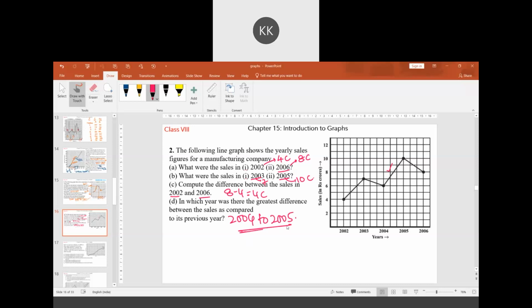For the previous year, it's just 7 minus 6, which is 1 crore. Here we are getting 4 crores.